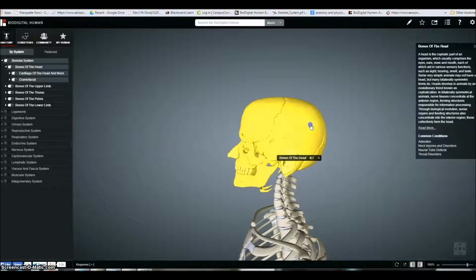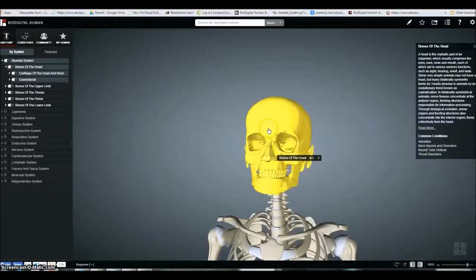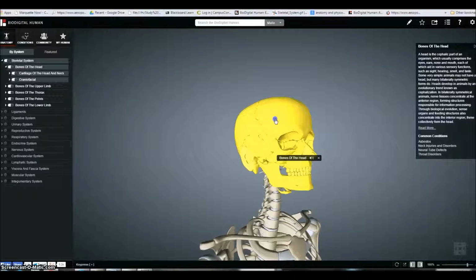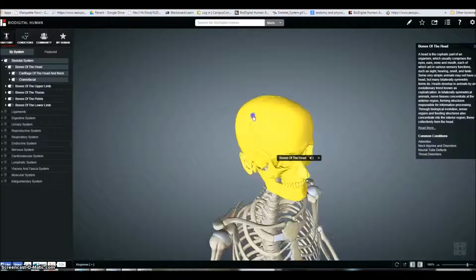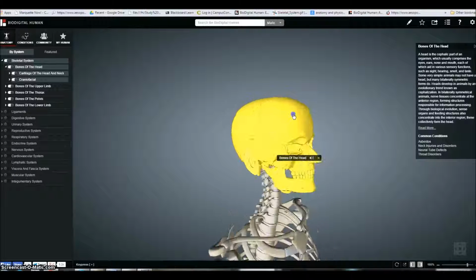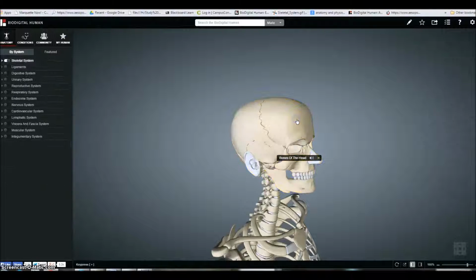I suggest that you break the skeletal system into parts. For example, there are 22 bones in the skull or in the head. Some of them are in pairs, but some of them aren't. So this was the frontal bone, and the back one behind is the occipital bone.